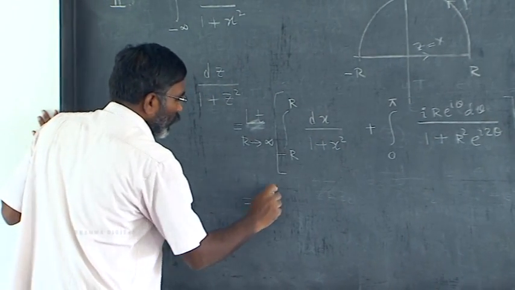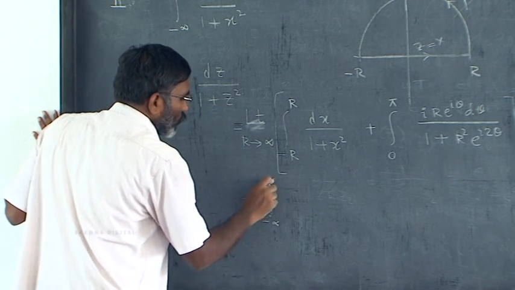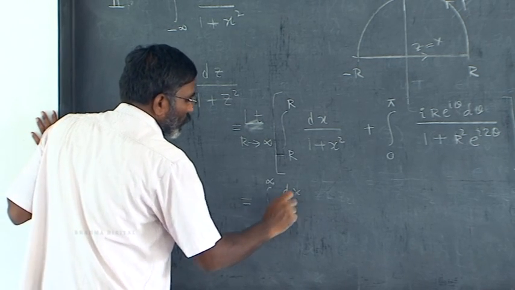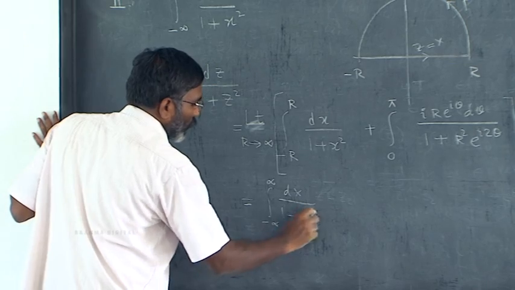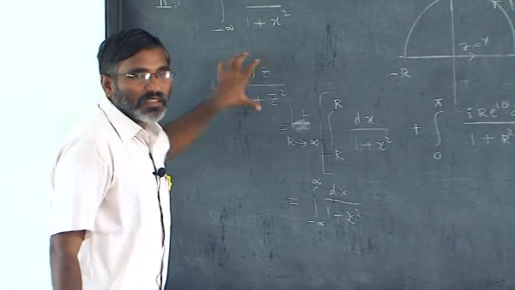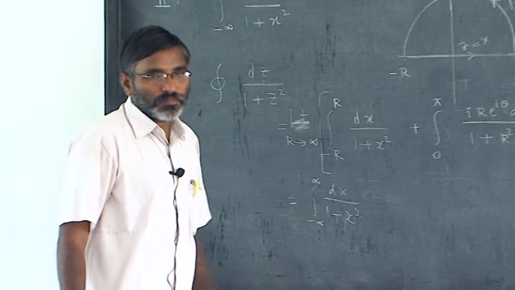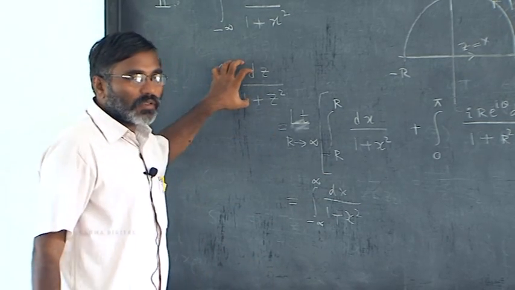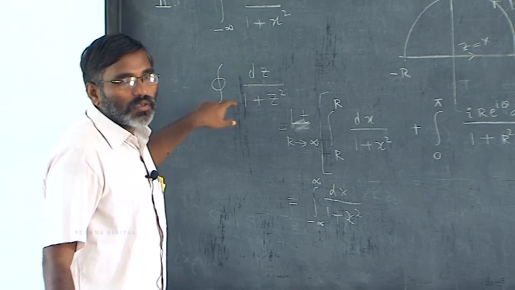So this is the required integral, minus infinity to infinity dx by 1 plus x square. So if I do a contour integration of this, that is exactly equal to the required integral. Now how do I do the contour integration? I look at what are the poles.